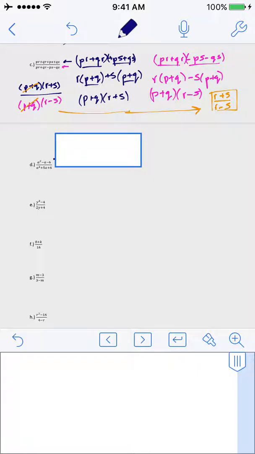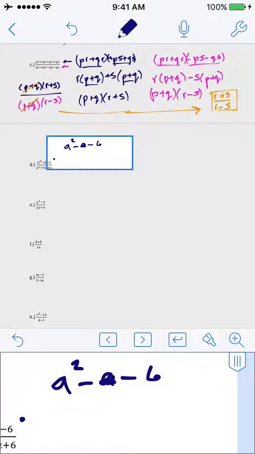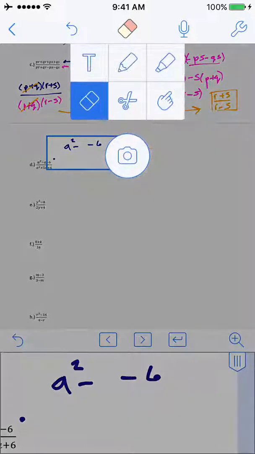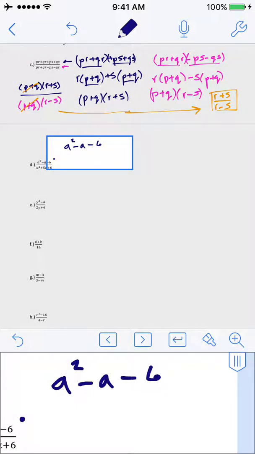A squared minus A minus 6. Okay, I've got two numbers that multiply to negative 6 and add to negative 1. Well, let's see. 2 and 3 sound pretty good.